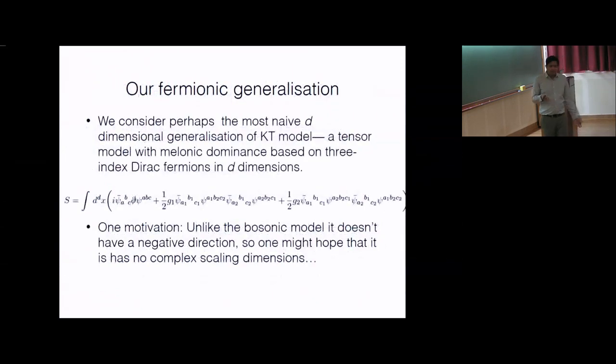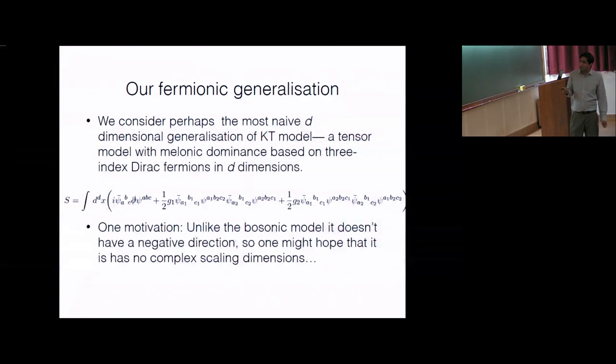Okay, and again, that's an RG type of thing. So what we do is consider a d-dimensional generalization of this model, but sticking to fermions. One motivation is that, unlike the bosonic model, it doesn't have a negative direction. But the main reason is then we can discuss this.